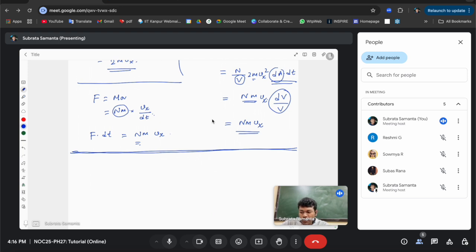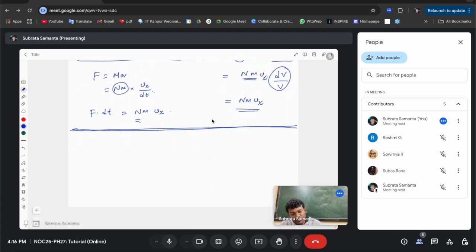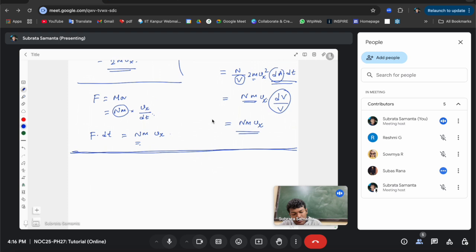So if you consider, let's say, one bit of matter, say 1 mole of carbon, how many atoms are there in 1 mole of carbon?